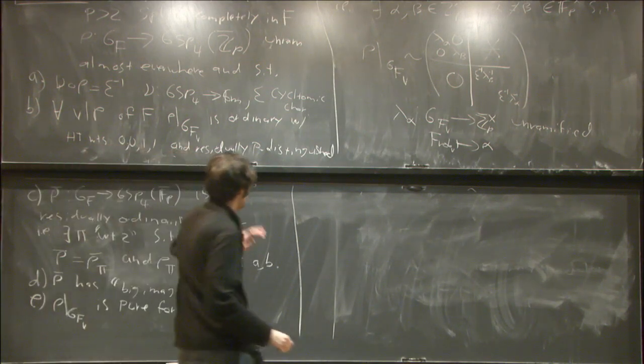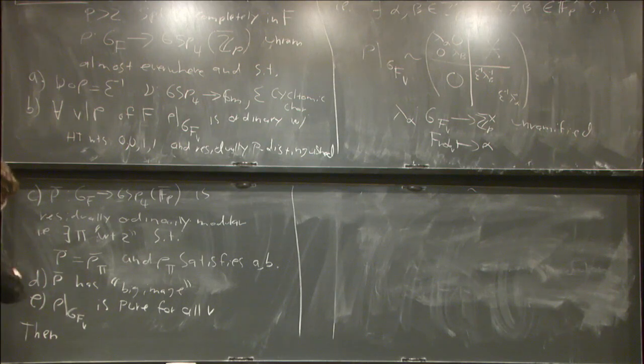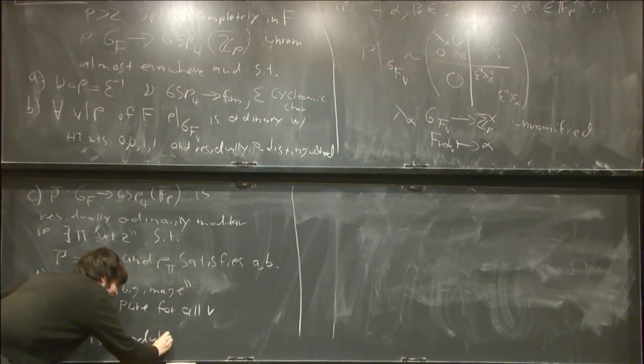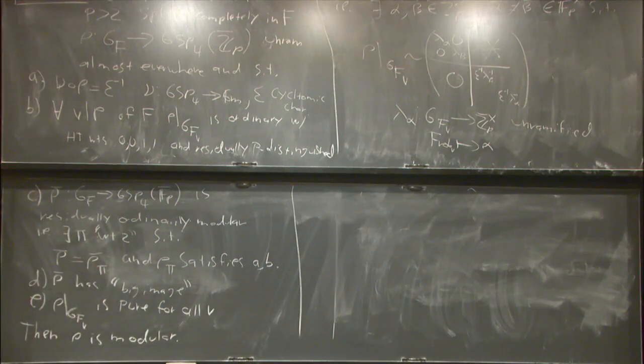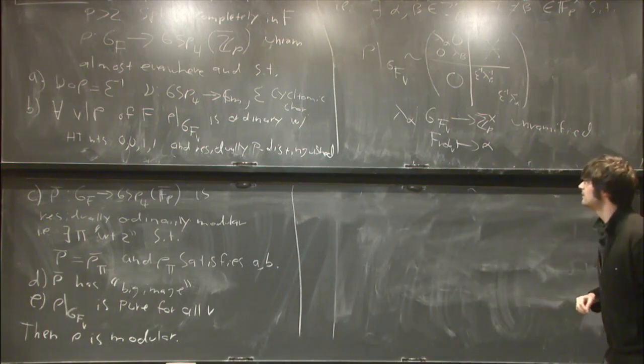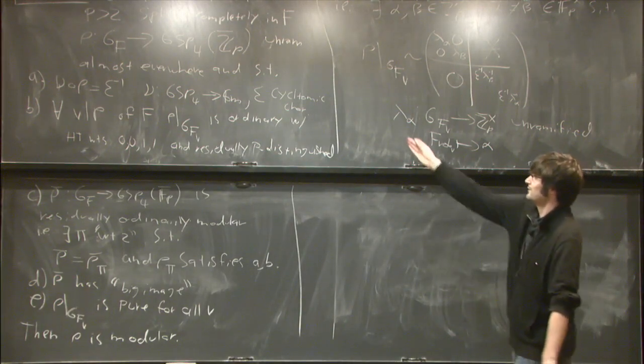And then of course there's a conclusion. This is kind of important: then rho is modular. Should not forget that. So pi and rho live with... well, rho, I told you what it is.